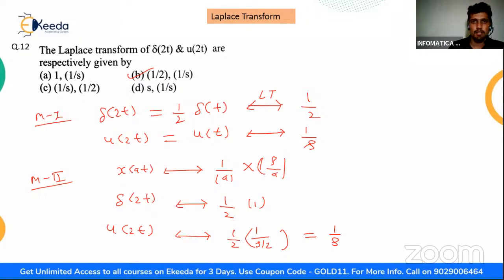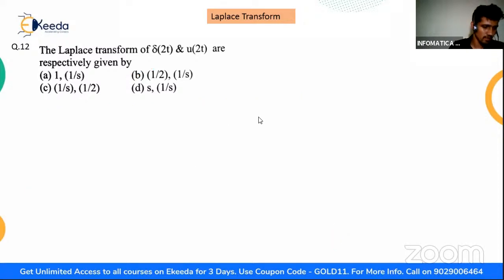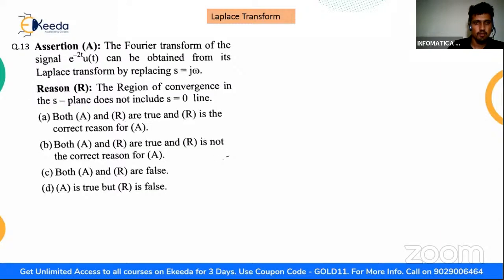Now let's move to the next. This we have done. This is basically the Fourier transform related to this signal.